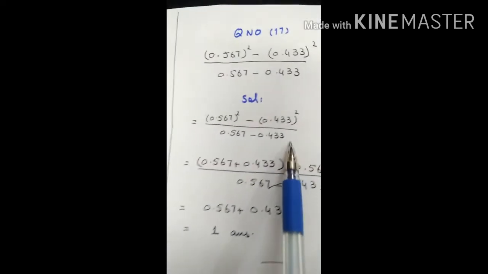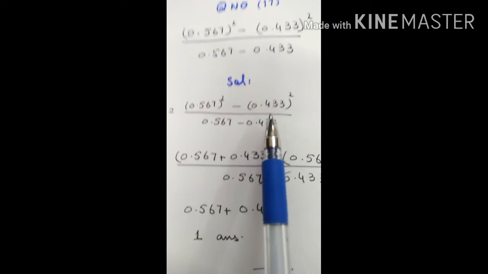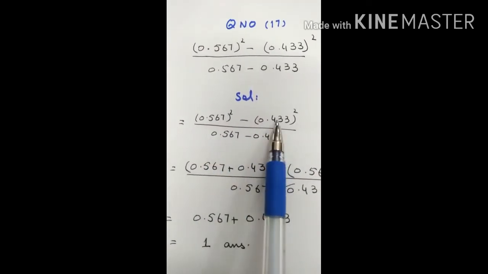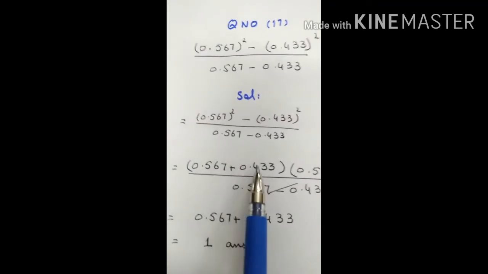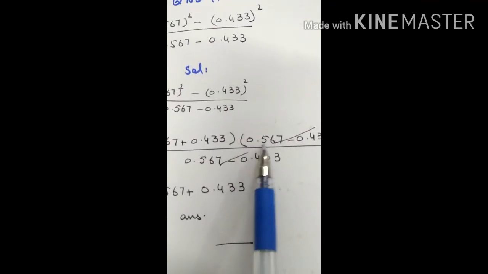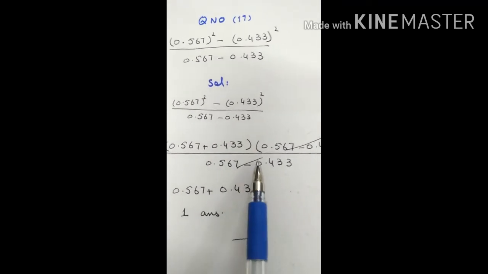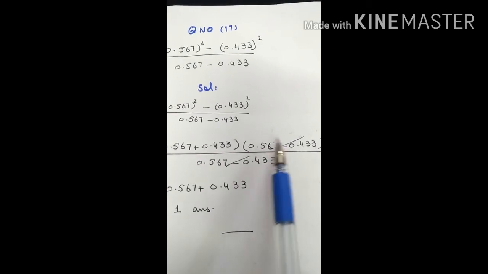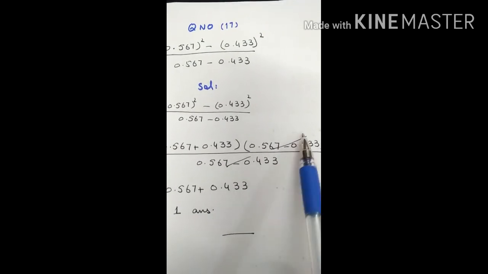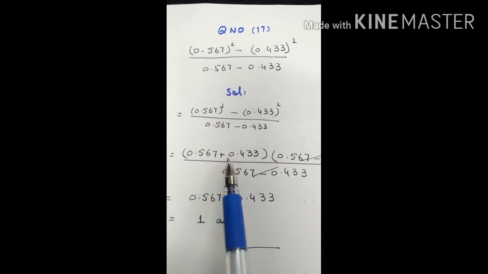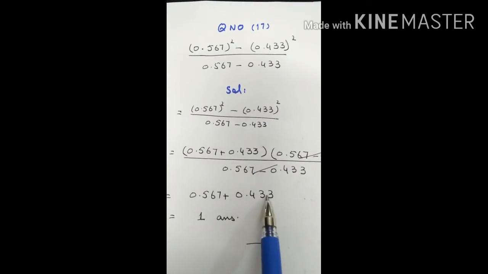So just rewrite the question and apply the formula of a plus b and a minus b. This is a, this is b. So a plus b, a minus b. Denominator values will be written as it is. Just see these two values are exactly the same in the numerator and in the denominator. We can cancel these two values. Both the values are cancelled. What is left? Only 0.567 plus 0.433.